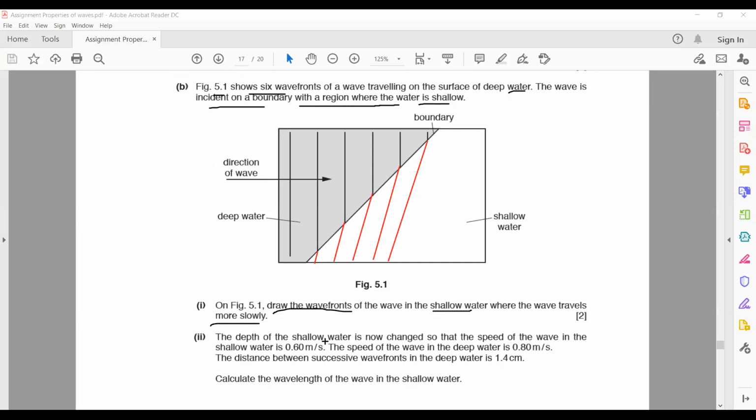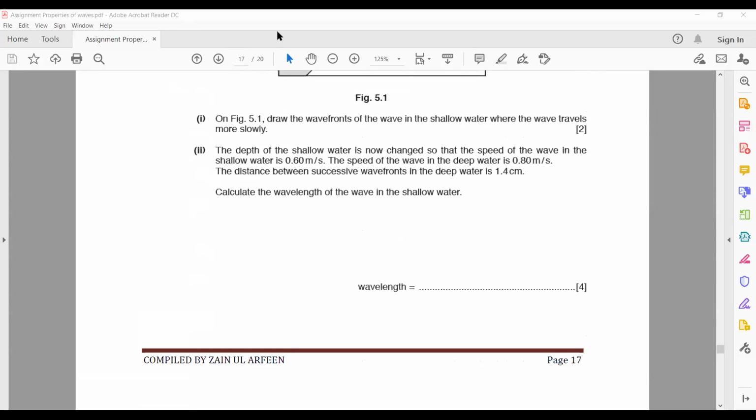The depth of the shallow water is now changed so that the speed of the wave in the shallow is 0.6 meter per second. The speed of the wave in the deep region is 0.8. The distance between the successive wavefronts is 1.4. Calculate the wavelength in the shallow region. So as we know, the frequency in the deep region and the frequency in the shallow region will be the same.